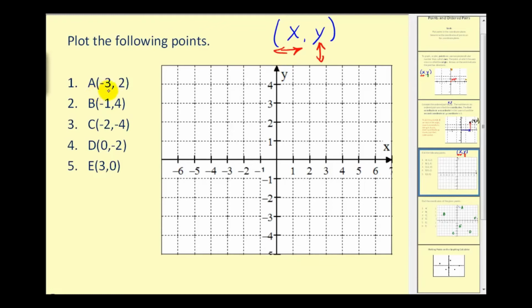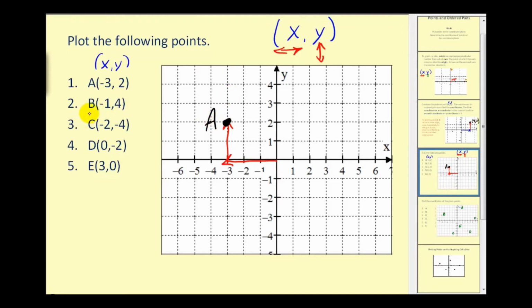So for point A, and we usually identify points by capital letters, which has coordinates (-3, 2), since the x-coordinate is negative 3, we start at the origin and go left 3 units this time, and then up 2 units because the y-coordinate is positive 2, and we make a point. This would be point A.